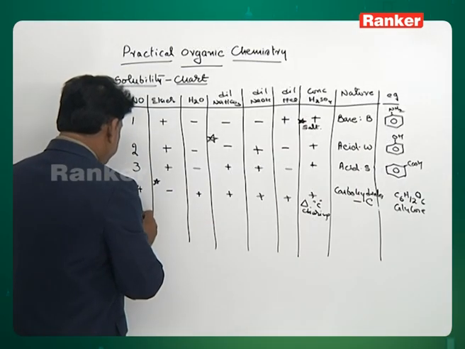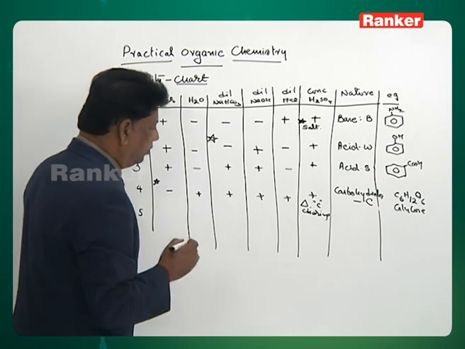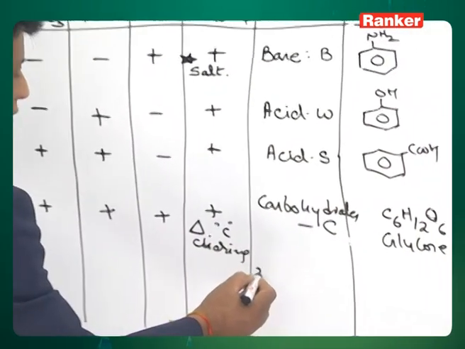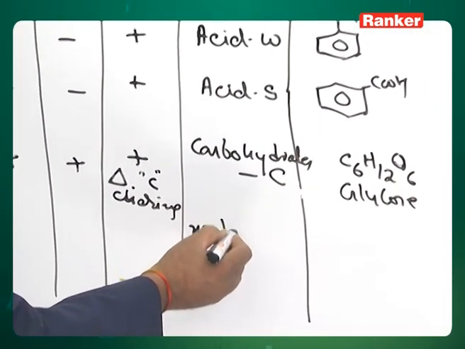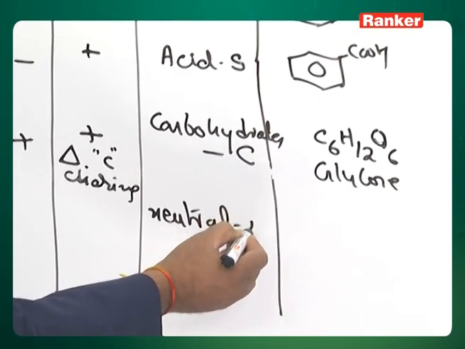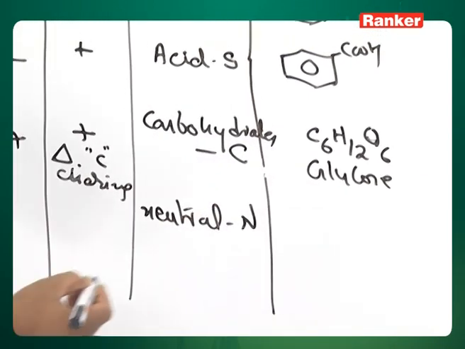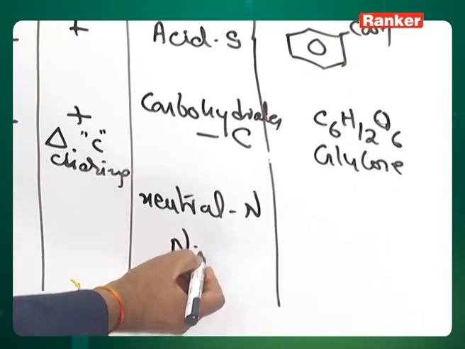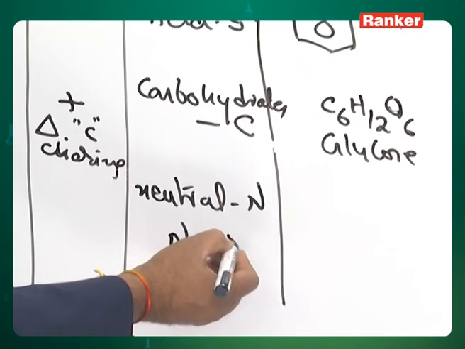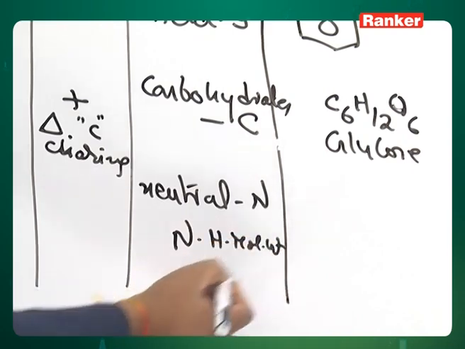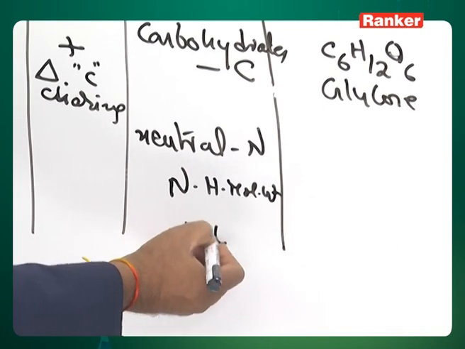Then the fifth type will be the neutral compound. Neutral compounds, let us designate with N, can again be of two types: a neutral compound with high molecular weight, and a neutral compound with low molecular weight.